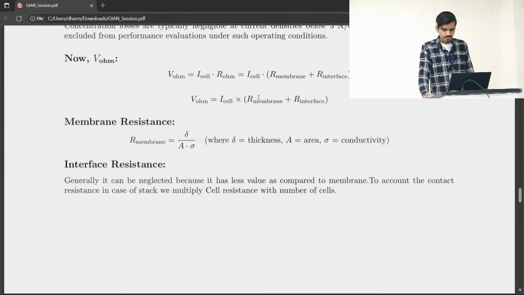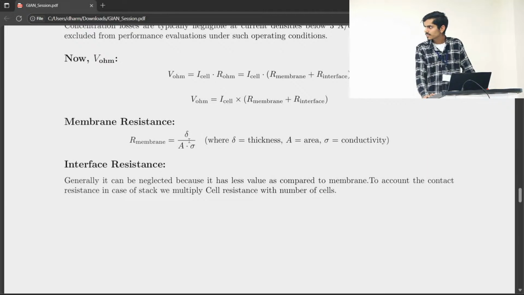But R membrane is a significant value, so we can calculate the membrane resistance with the help of this formula, which is equal to delta upon A sigma. Here delta is the membrane thickness, A is the area, and sigma is the conductivity. As our expert also informed you, the thickness is the main culprit behind the efficiency losses. If we want maximum efficiency, we have to take care of this thickness.